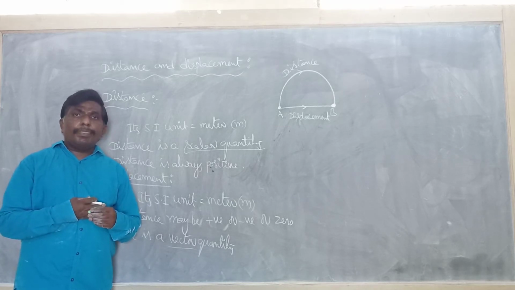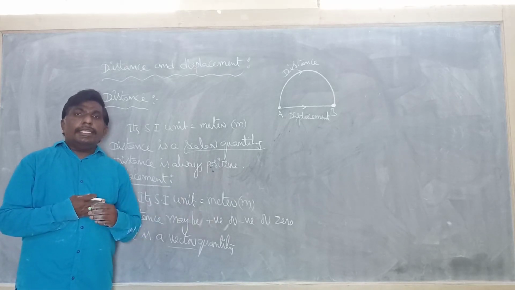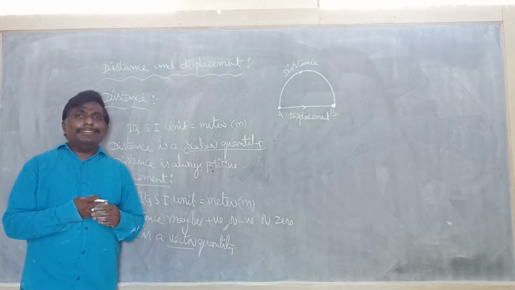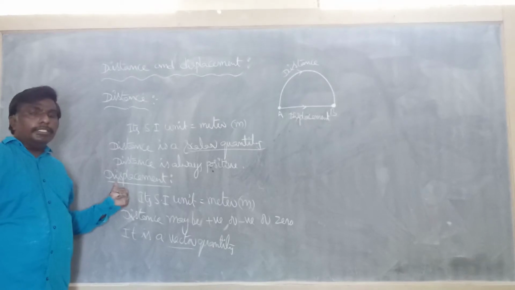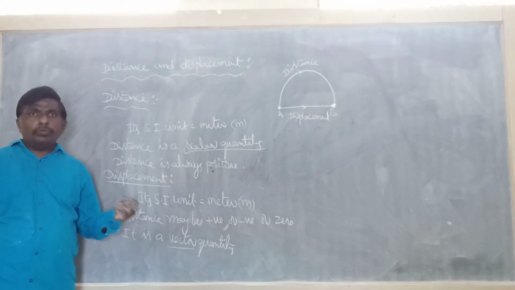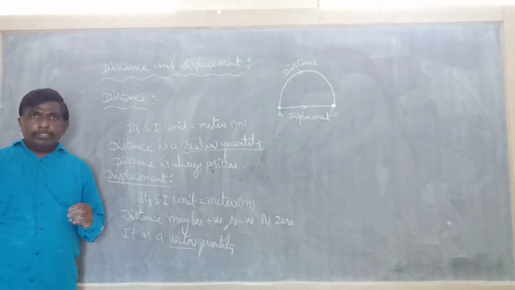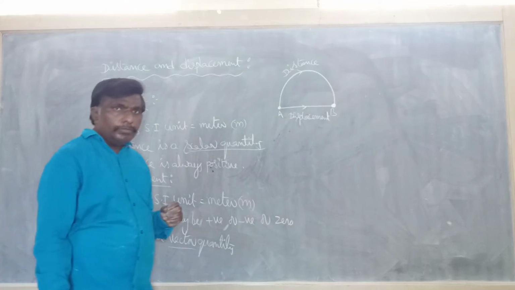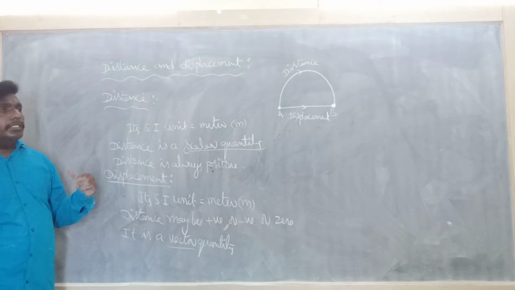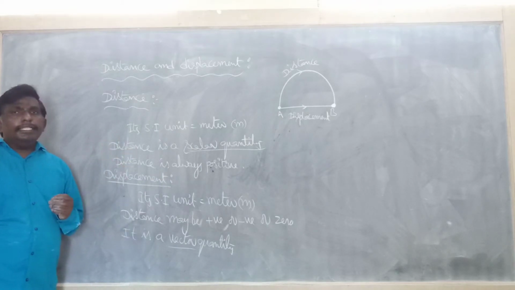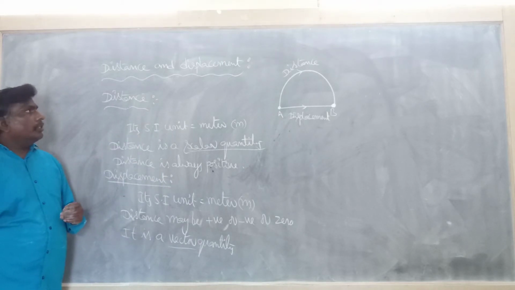So it has both magnitude and direction. That's why displacement is a vector quantity. Okay, do you understand? So that is the difference between distance and displacement.